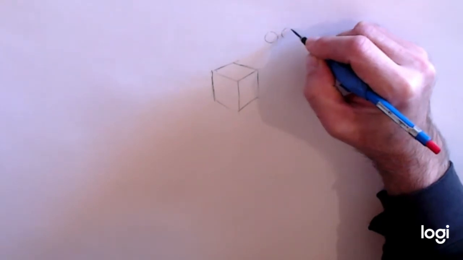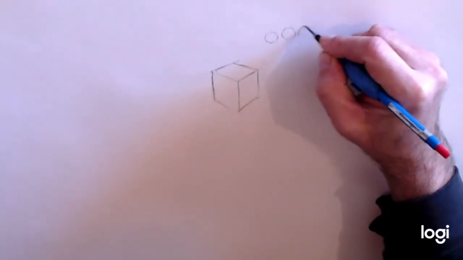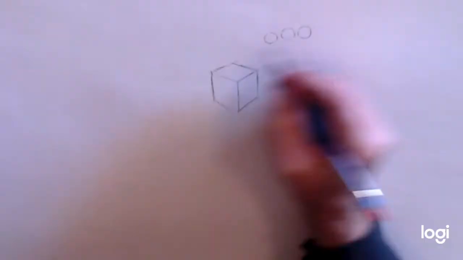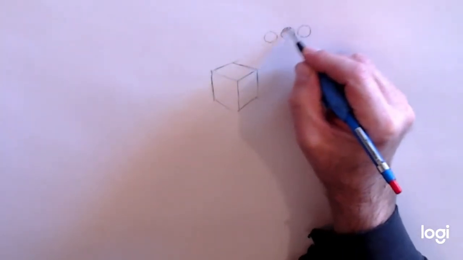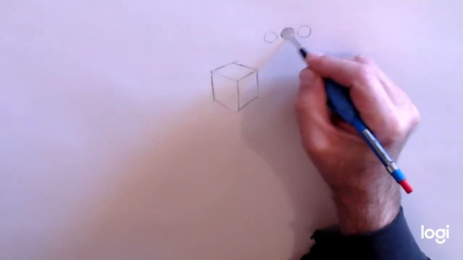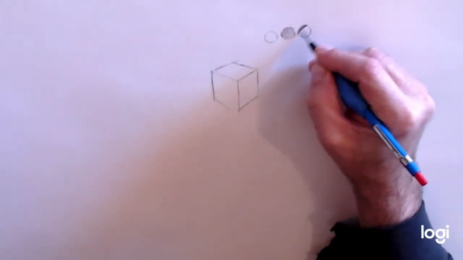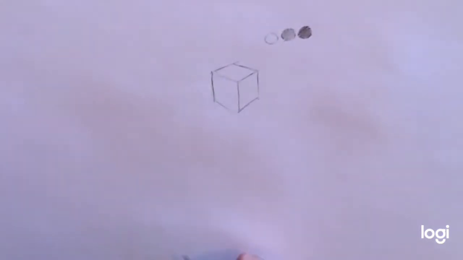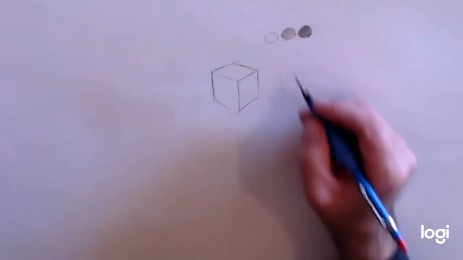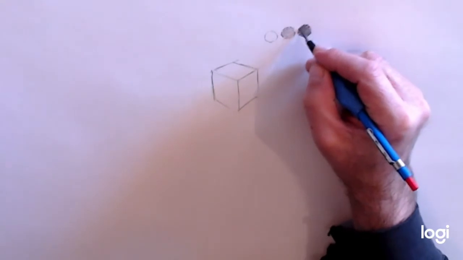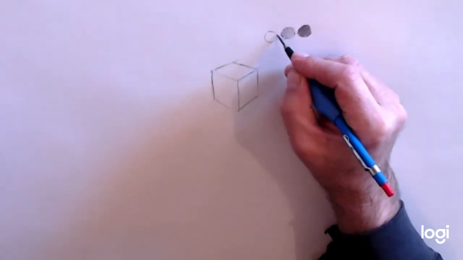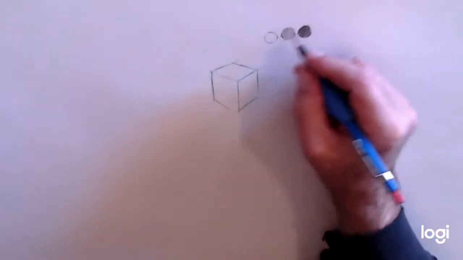So let's say we have these three marbles. And let's say one of them is medium and one of them is dark and one of them is light. Okay? So if we had a white marble, a gray marble, and a black marble, there's a value there.